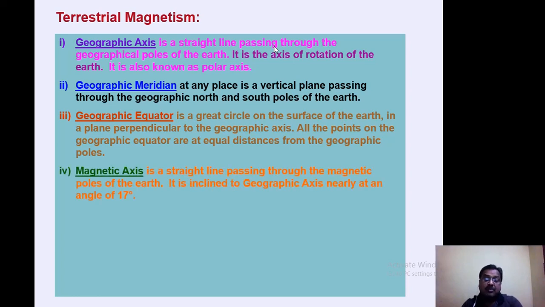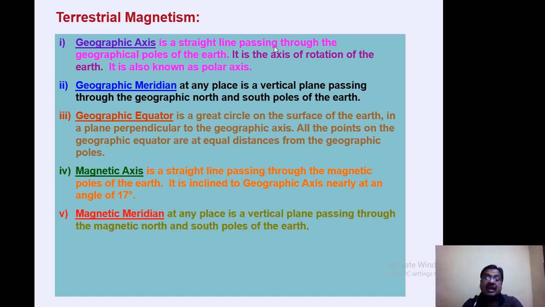Now, let us talk about magnetic axis. Partially we have discussed. It is a straight line passing through the magnetic poles of the earth. It is a straight line passing through north pole and south pole of the earth, which is generally making an angle of 17 degree. You may say magnetic axis and geographic axis are inclined to each other at an angle of 17 degree.